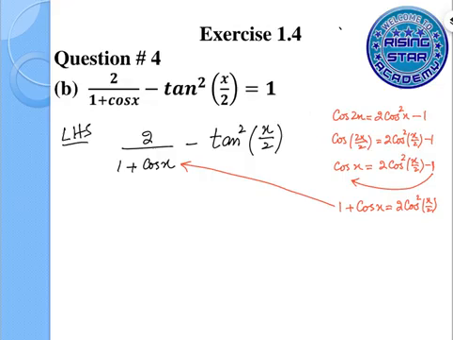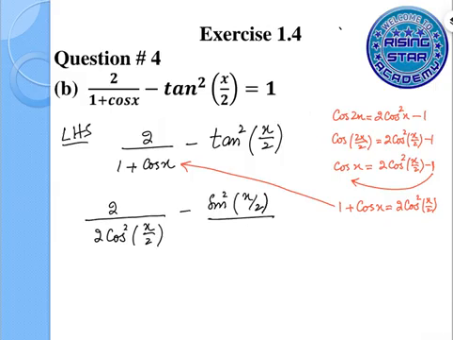So I would write 2 divided by 2 cos square of x over 2 minus the tan square x by 2, which can be written as sine square of x by 2 over cos square of x by 2. In the next step, this 2 is going to cancel with this 2.